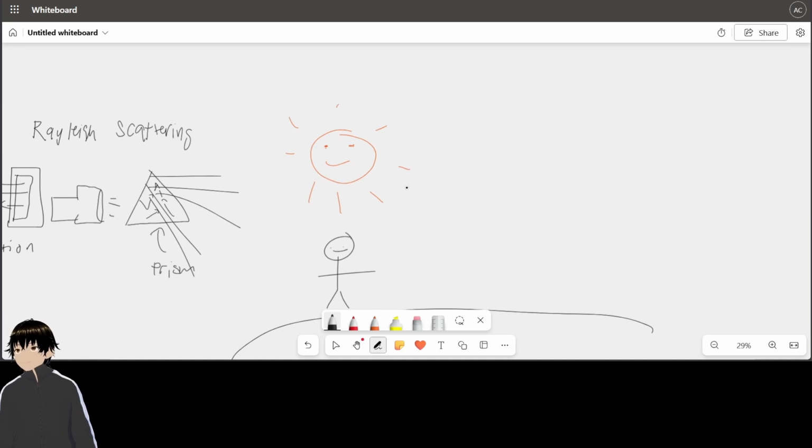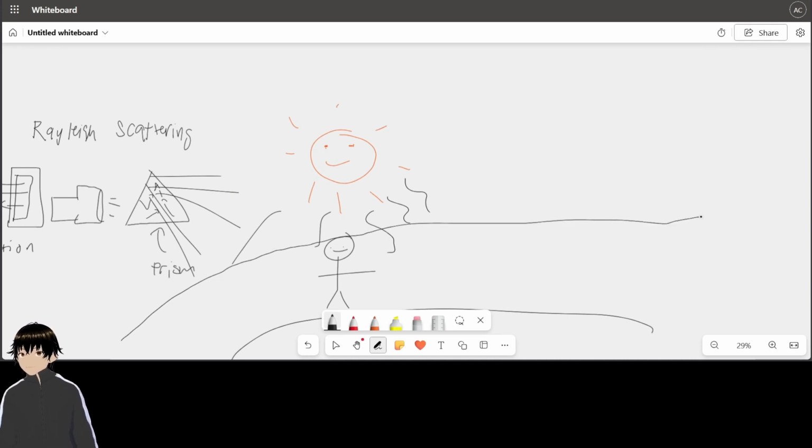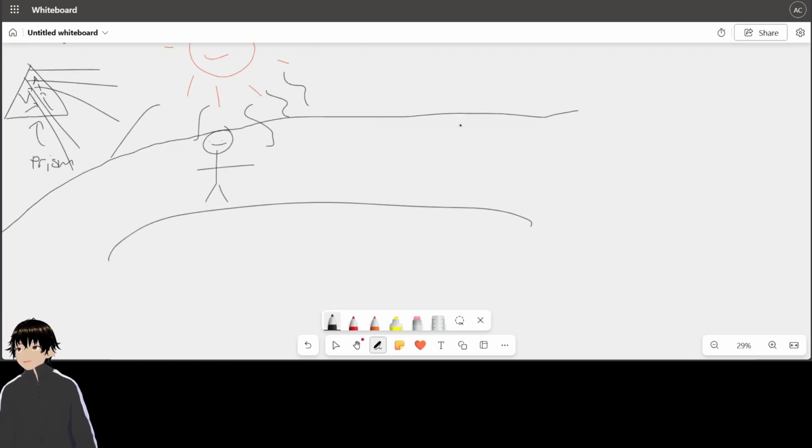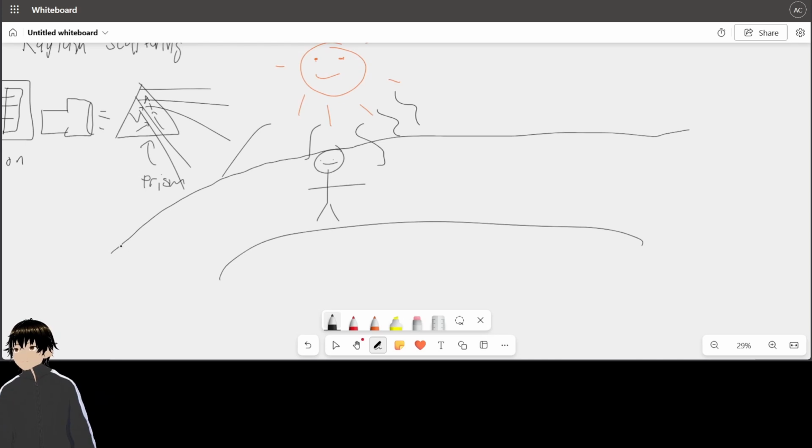Before the light hits us, there is the atmosphere. I'm not going to dive deeper into what the atmosphere is, so I'm just assuming that everybody knows already. So the atmosphere is basically scattering all this white light.